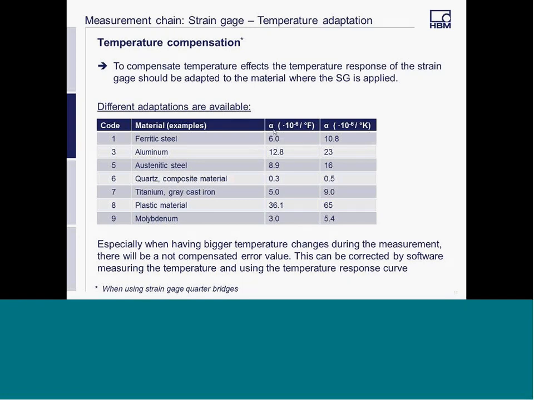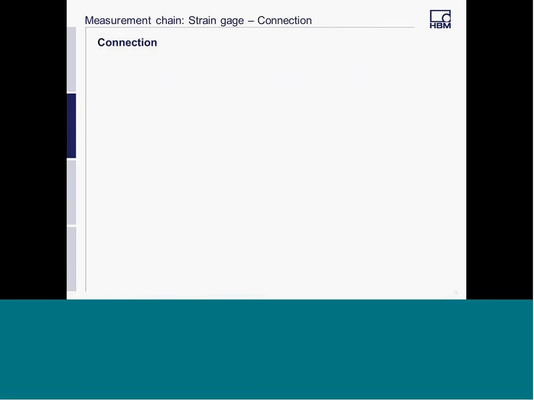Especially, as I mentioned, on long-term measurement where the temperature changes. Typically are steel, aluminium, and composite material. These are the 3 typical adaptations. Good. Now we get closer and closer to our amplifier system. So we have to think about how to connect it.